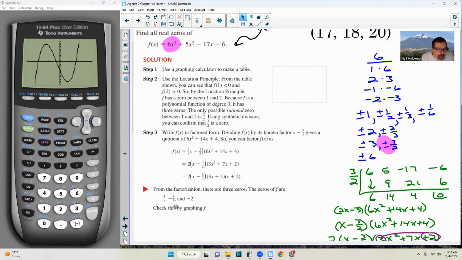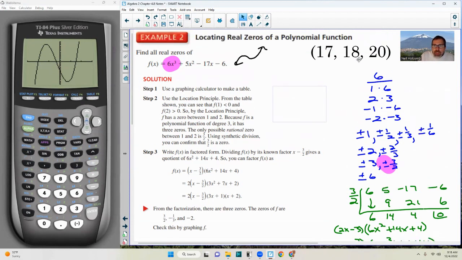So we confirmed that these 3 zeros are in fact here, here, and here. The y-intercept is here, and we could find our relative maximums and minimums by finding values between our zeros. Now that I've done that, you should be able to do problems 17, 18, and 20.